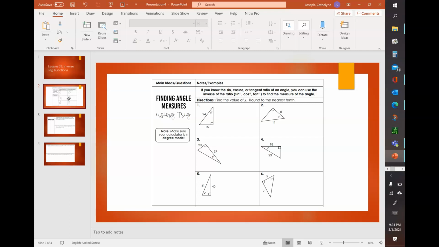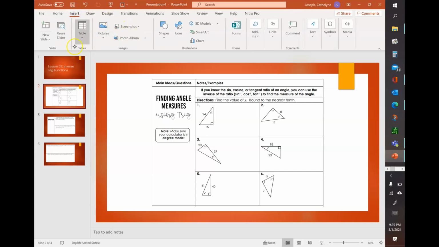Make sure you pull up the EOC calculator from Teams, because that's what I'll be using to show you what to do here. Make sure your calculator is set on degree. You need to find the value of x. This time we need to find the missing angle.